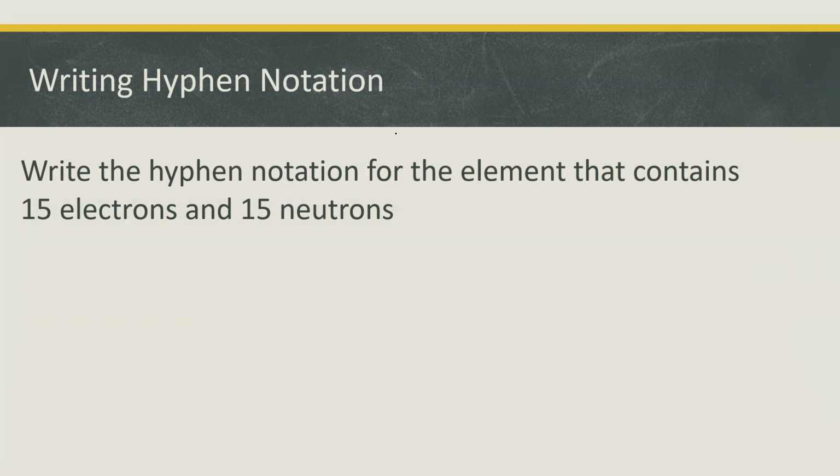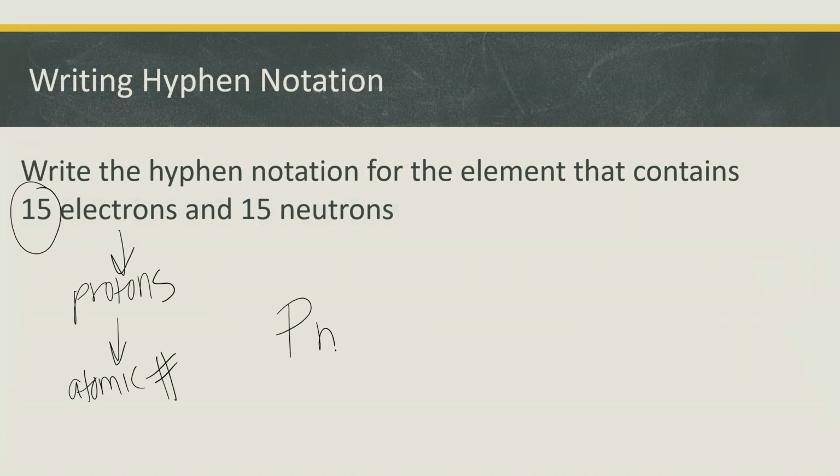So write the hyphen notation for an element that contains 15 electrons and 15 neutrons. Well, we know that electrons is equal to the number of protons, which is also equal to the atomic number. Which element has an atomic number of 15? That is P, phosphorus.